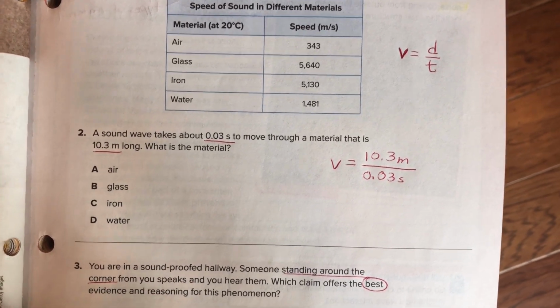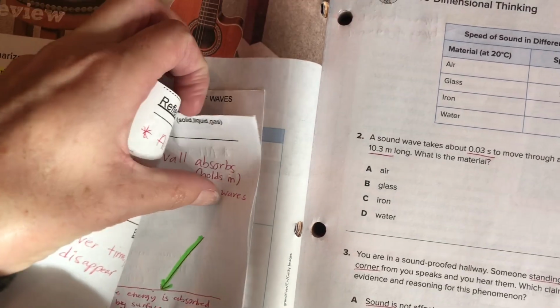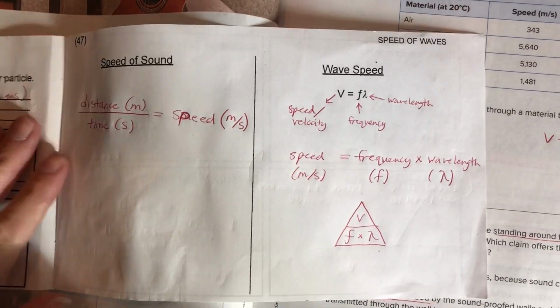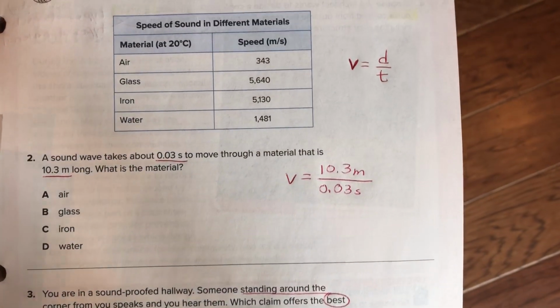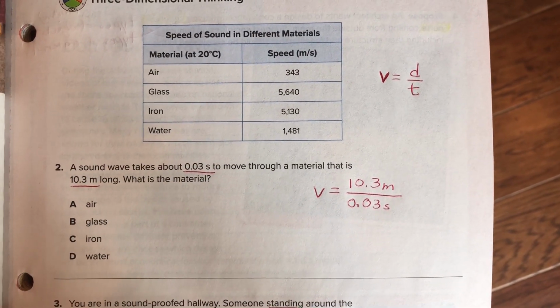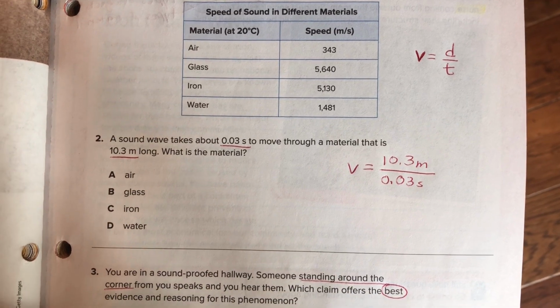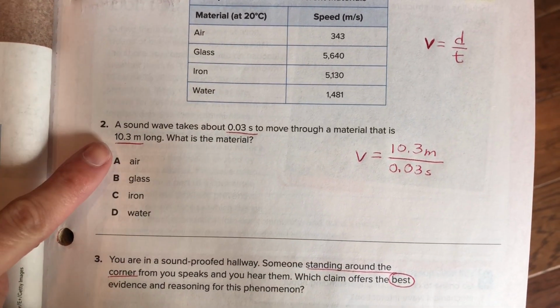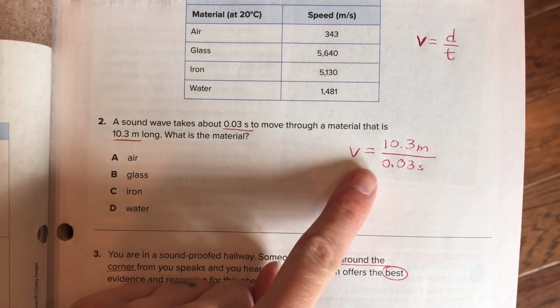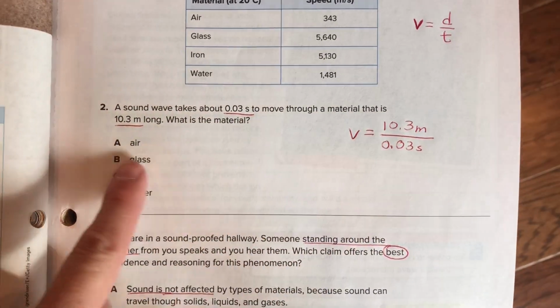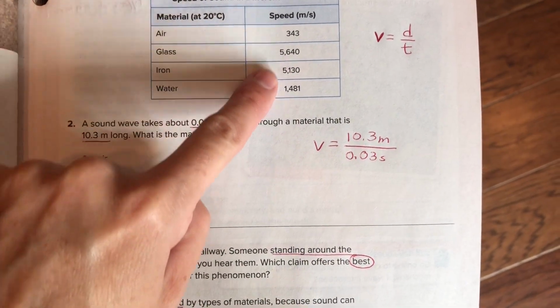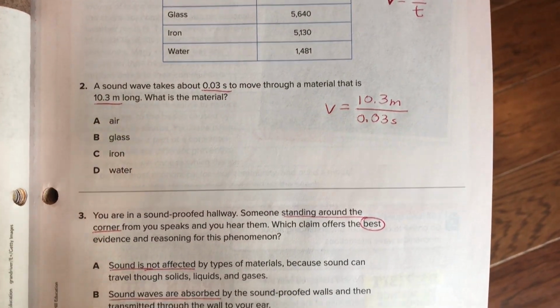Remember, according to your booklet, when we look at speed, we have our formulas right here for speed, and we're going to use that. Speed is distance divided by time. They gave us a distance right here, and then here's our time. Go ahead and work that out and see which one matches best.